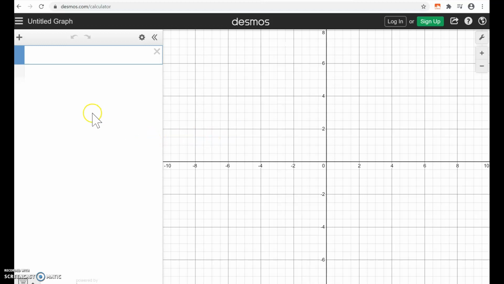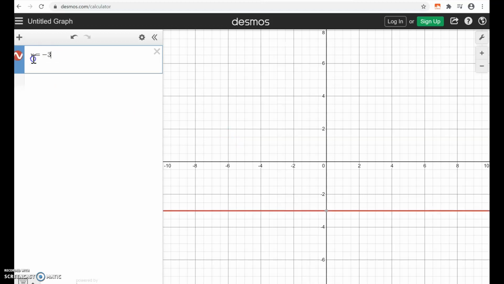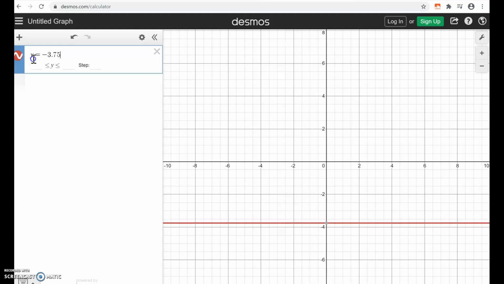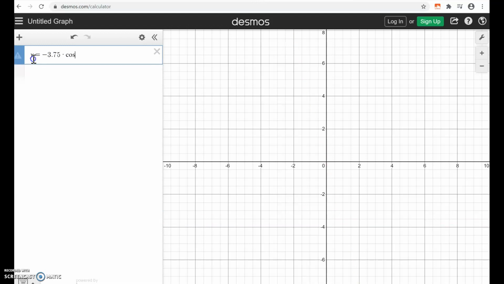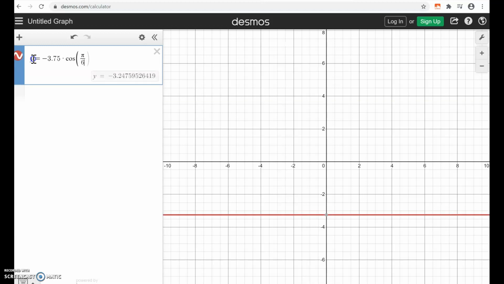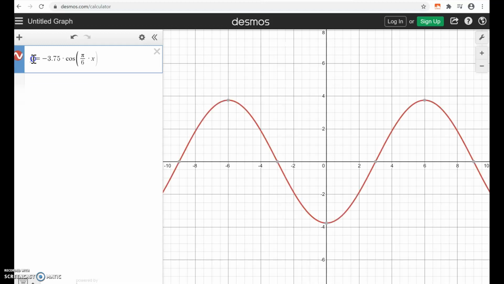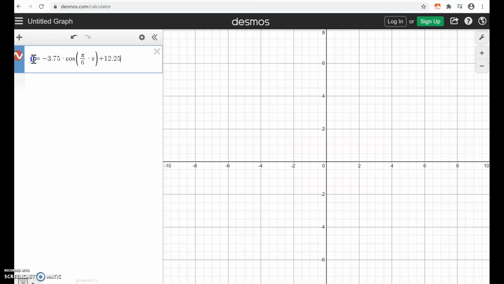Now for this, you have to use y for the dependent variable and x for the independent variable. So let's just type it in. I've got y equals negative 3.75 times cosine, just type cos, parentheses, pi (you can just type pi), divided by 6 times, move the arrow key up 1, asterisk for times x, and then closing parentheses, and then plus 12.25.